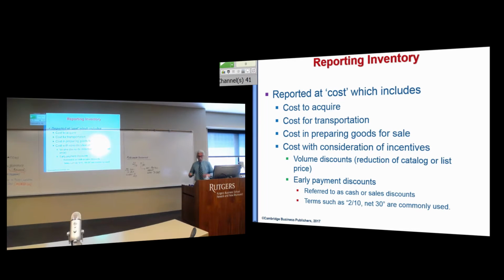So, for example, if you bought inventory for 100, let's say the terms were 2/10, net 30. If you pay that within the discount period, what would happen? You can get rid of a $100 liability for how much money?